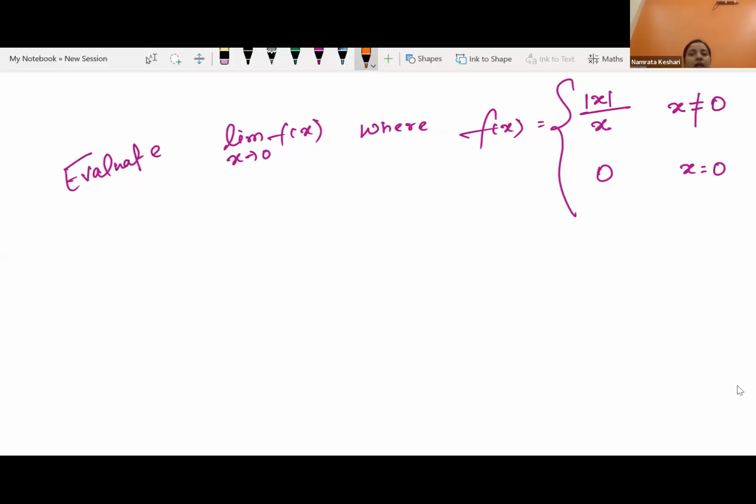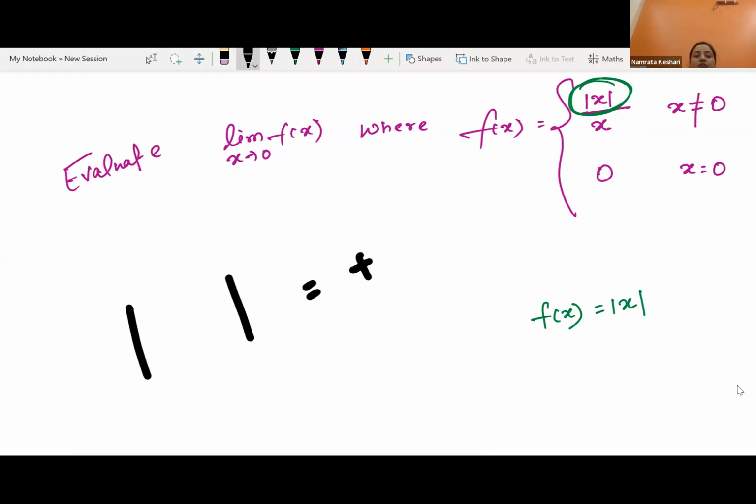What does that mean? That means mod x is there. Have you learned, Miraj, in the previous class that if we have f of x equals mod x, this modulus is like a machine. Inside this machine, if we drop a negative number, automatically the answer will be positive.